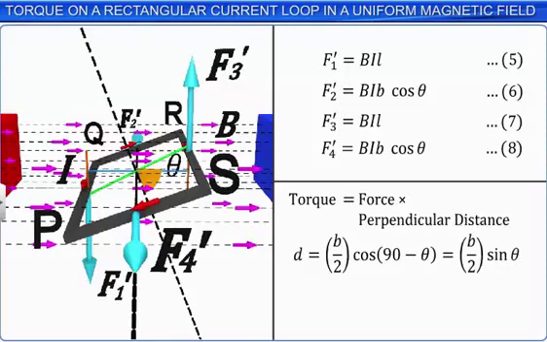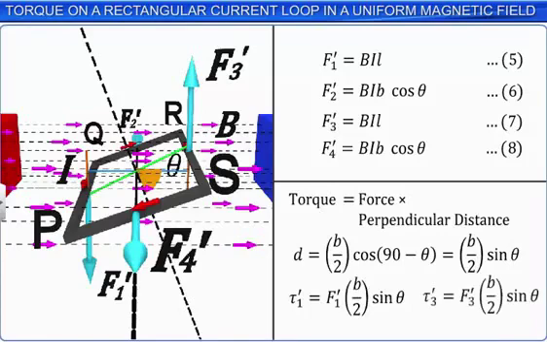Thus, the torque T1' on the loop due to F1' is equal to F1' b by 2 sin theta. Similarly, the torque T3' on the loop due to the force F3' is given by T3' is equal to F3' b by 2 sin theta.